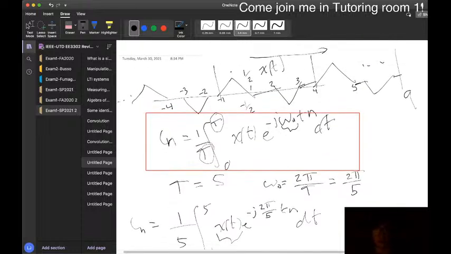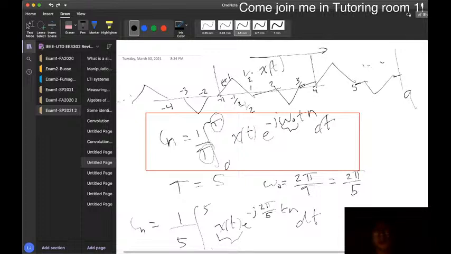So from -1 to -1/2, this goes up to t plus 1.